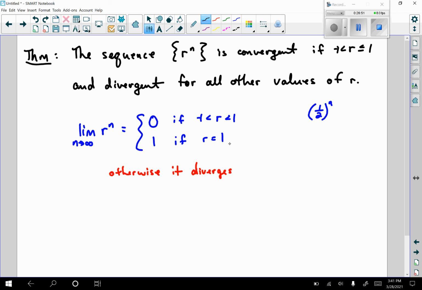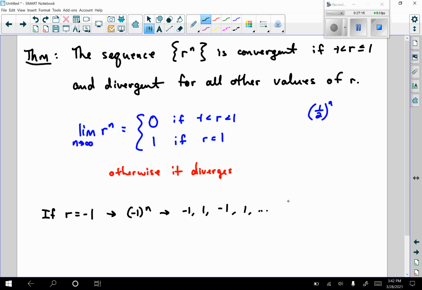I do want to talk about this lower part, though. Let's see if r is equal to -1, then we would get (-1)^n, which gives us -1, then 1, then -1, then 1.